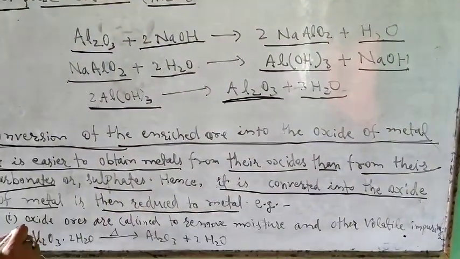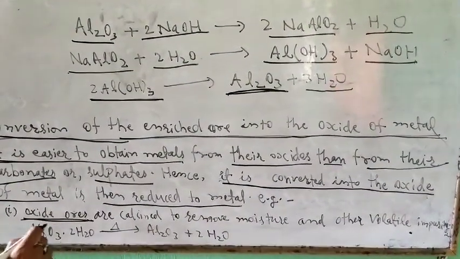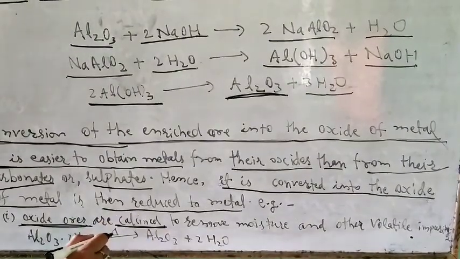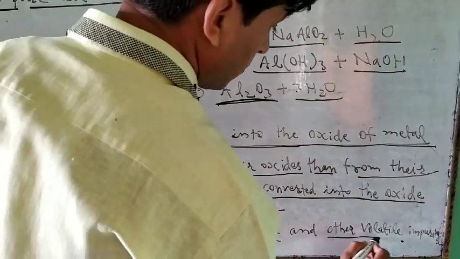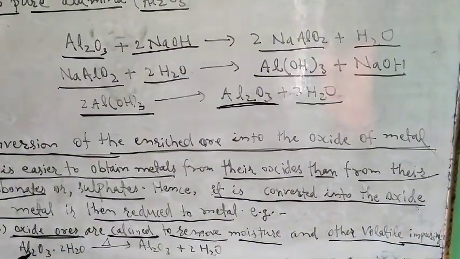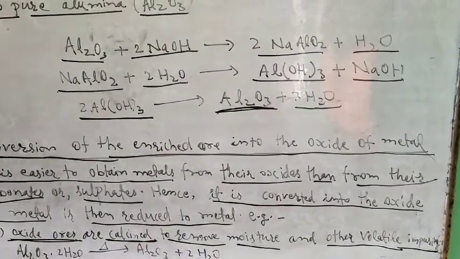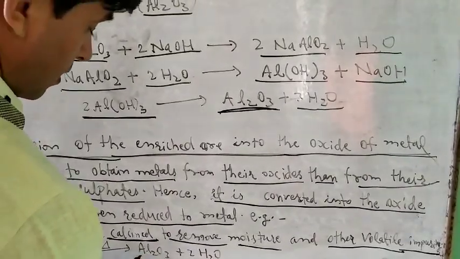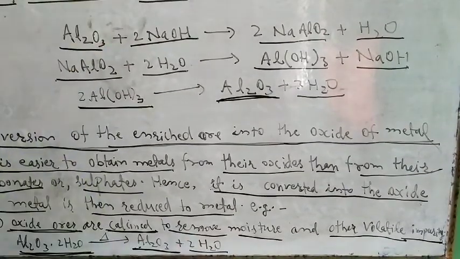For example, oxide ores are calcined by the process of calcination to remove moisture and volatile impurities. For example, bauxite is heated, which gives pure alumina as the moisture is evaporated.